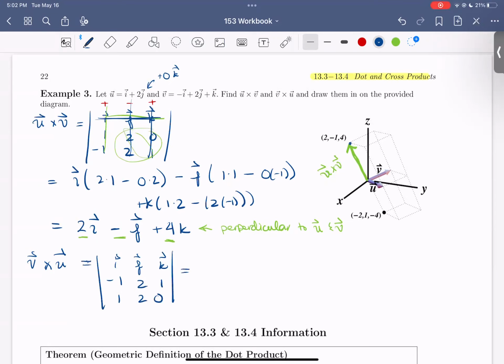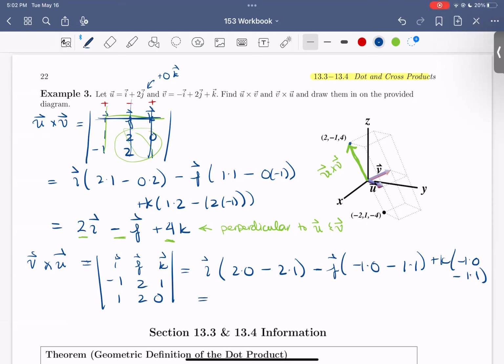All right, so let's go ahead and compute that determinant. So we have i times 2 times 0 minus 2 times 1 plus, remember that negative sign, negative j times -1 times 0 minus 1 times 1, then plus k times -1 times 0 minus 1 times 1.